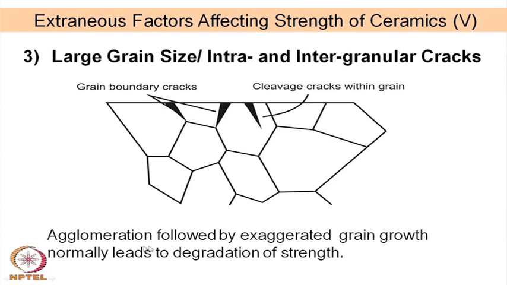The agglomeration followed by exaggerated grain growth normally leads to degradation of the strength, which we have seen earlier in our sintering discussion.